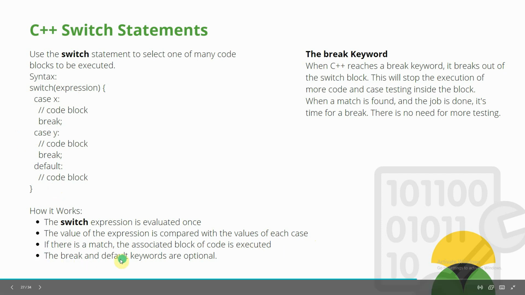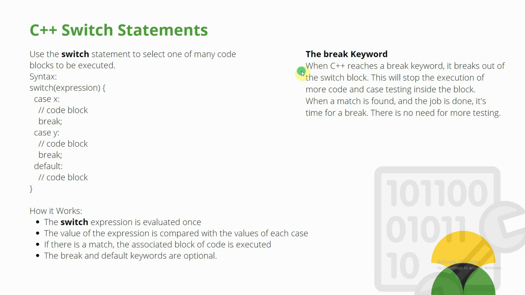The break and default keywords are optional, but notice the function of this break keyword: it will break out of the switch block. It's optional, but it gives you a way to break out of the switch block after checking through the running part of this program.